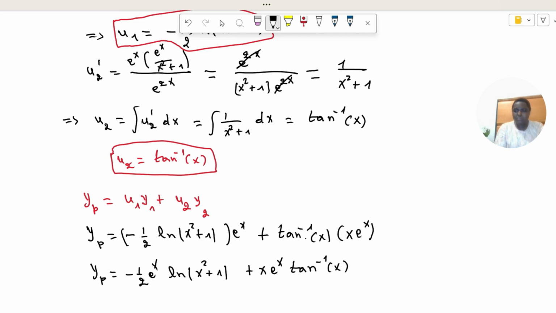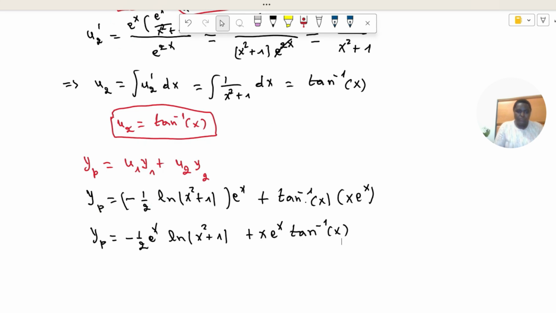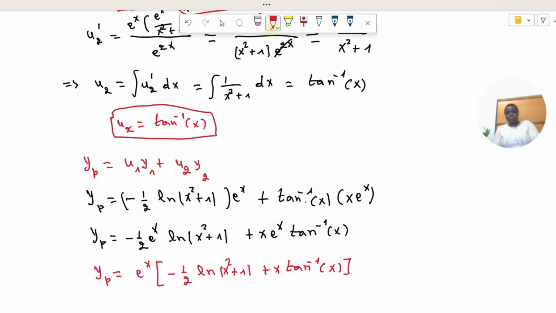Or we can also say that yp is equal to e power x times minus 1 over 2 ln of the absolute value of x squared plus 1, plus x tan minus 1 of x. This is the particular solution.